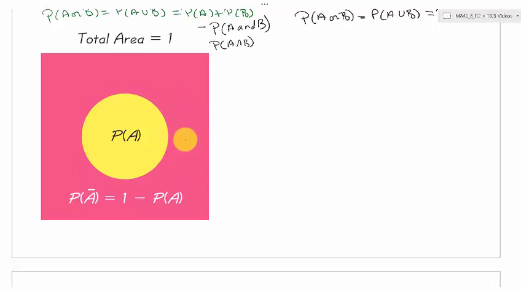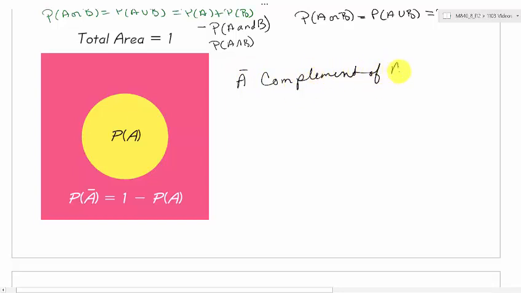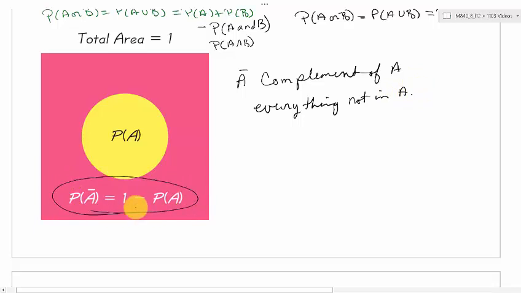So again, remember that the complement is everything that's not an A. And so here is how you would compute a probability with complements.